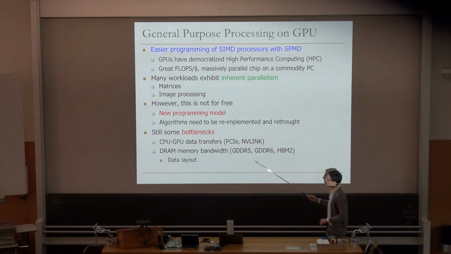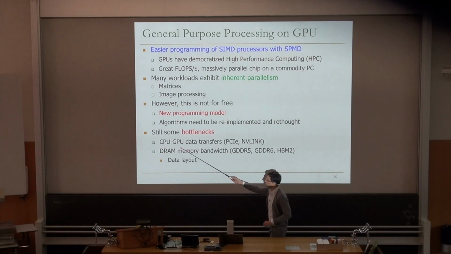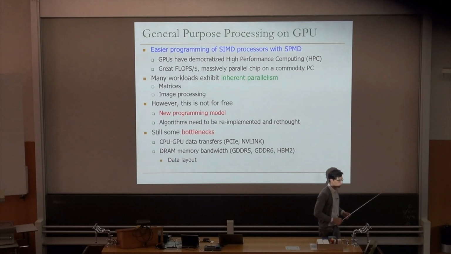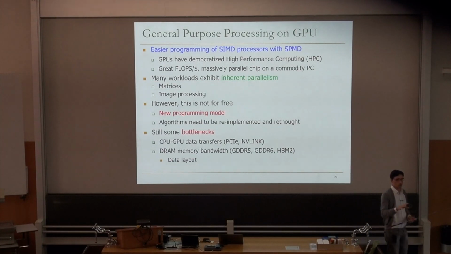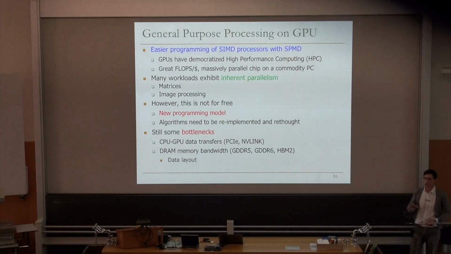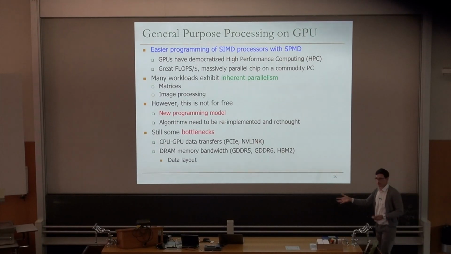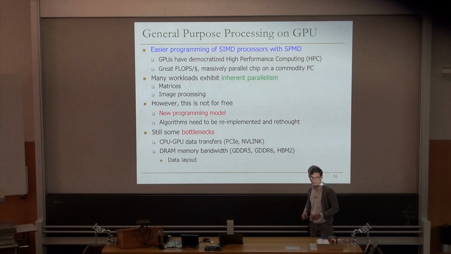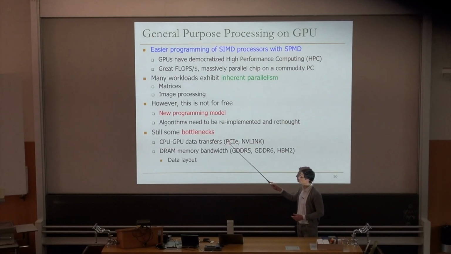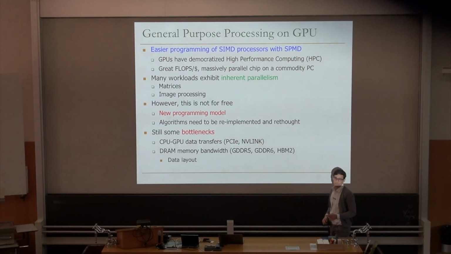The first is the data transfers between CPU and GPU, because it's in the CPU where the programs start executing, and it's in the main memory of the CPU where we originally have the operands, the input data, and we need to transfer this input data to the GPU so that the GPU can start operating on them. The way that we are going to do that is typically using the PCI Express bus.